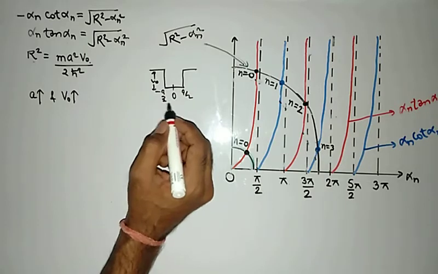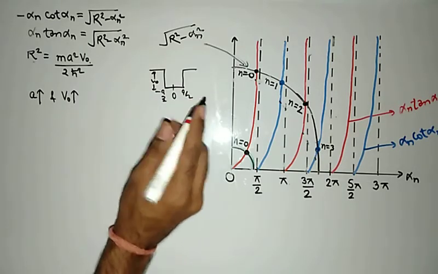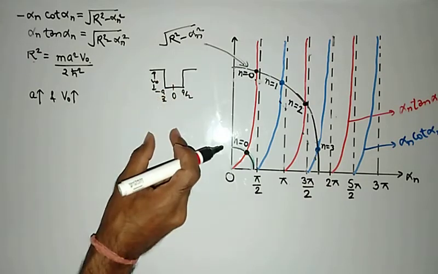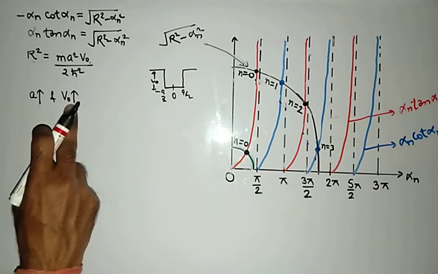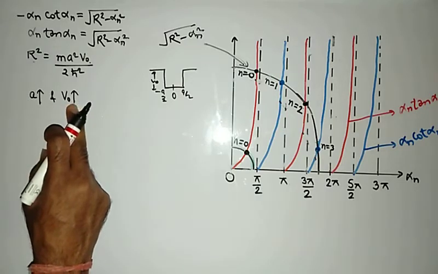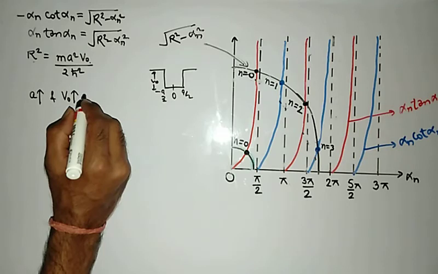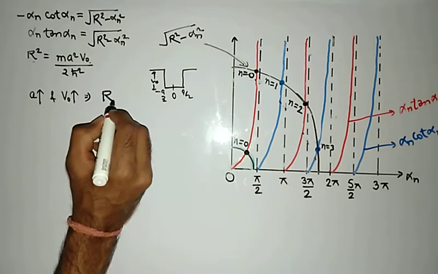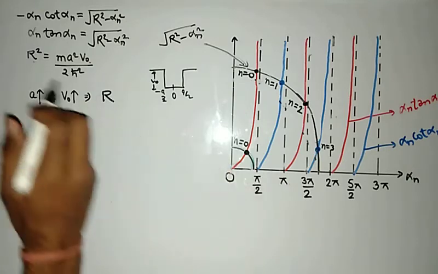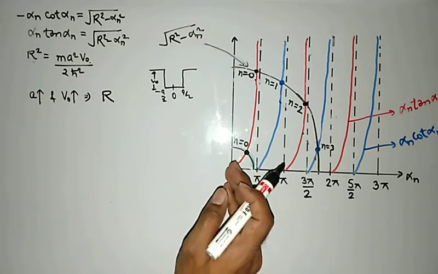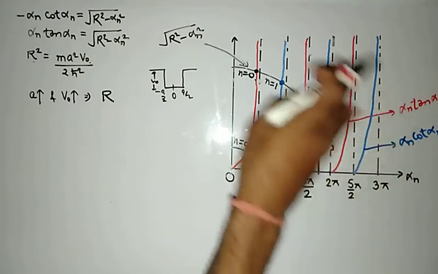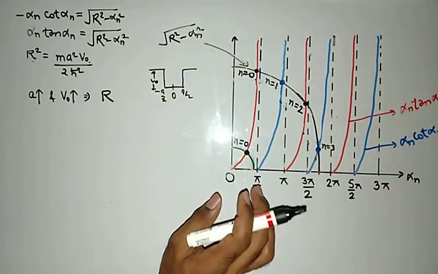Remember this figure? If we make this more broader and more deeper, that is a greater and V naught greater, we get a large value of R. So, greater R, we will get more solutions.